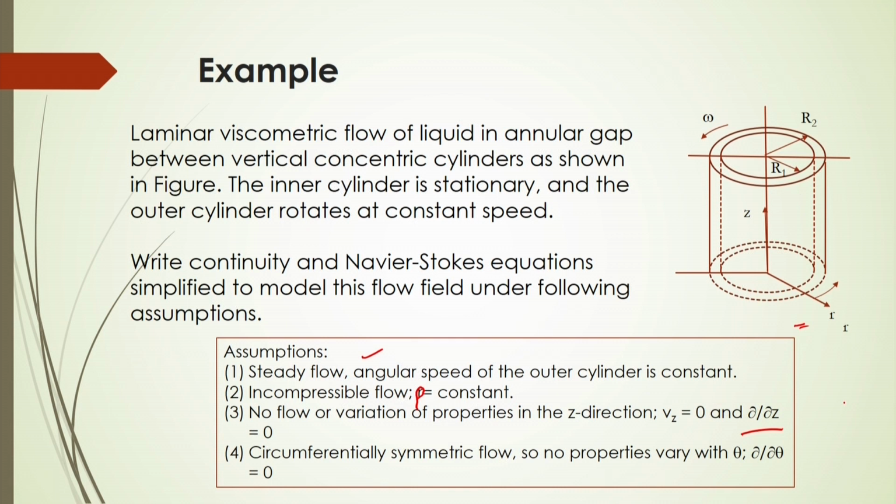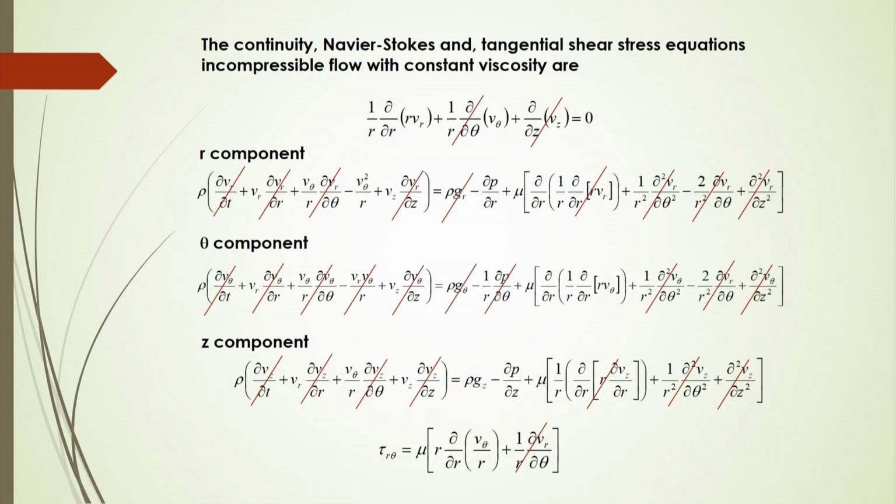Under these assumptions we can write the continuity and Navier-Stokes equations in cylindrical coordinates. This is the continuity equation, and this is the Navier-Stokes equation with r component, theta component and z component. These terms are 0 based on these assumptions. Please go through this again and see how dou V r dou t equals 0 based on these assumptions.